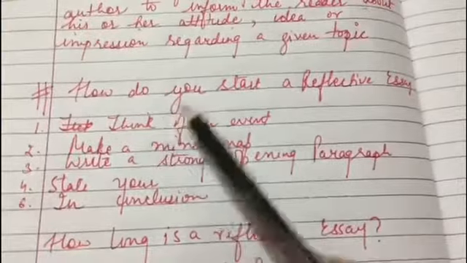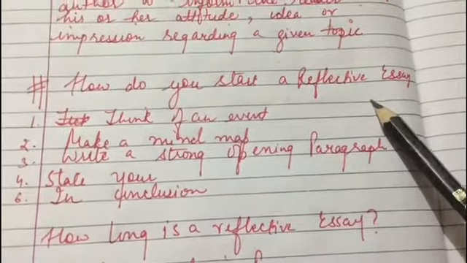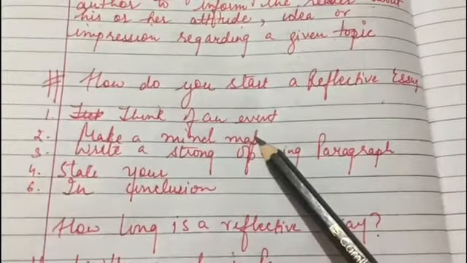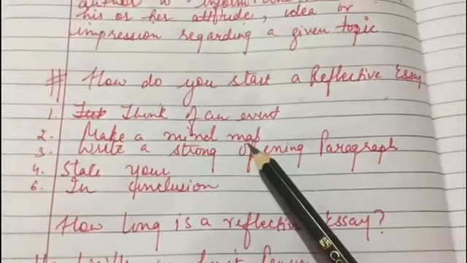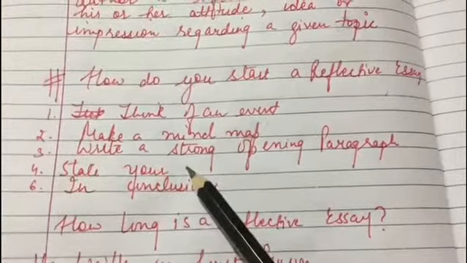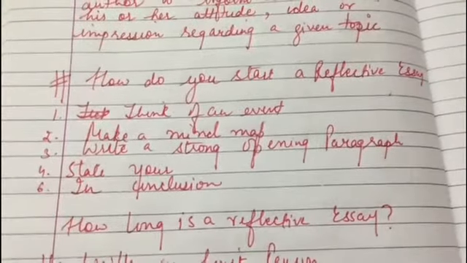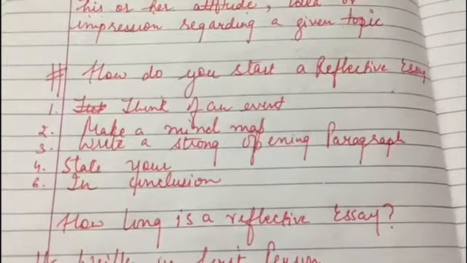Next is, how do you start a reflective essay, or what are the steps for writing one? First, think of an event that could become the topic of your essay. Then create a mind map. Next, write a strong opening paragraph. The introduction must be very strong regarding whichever topic you have selected.